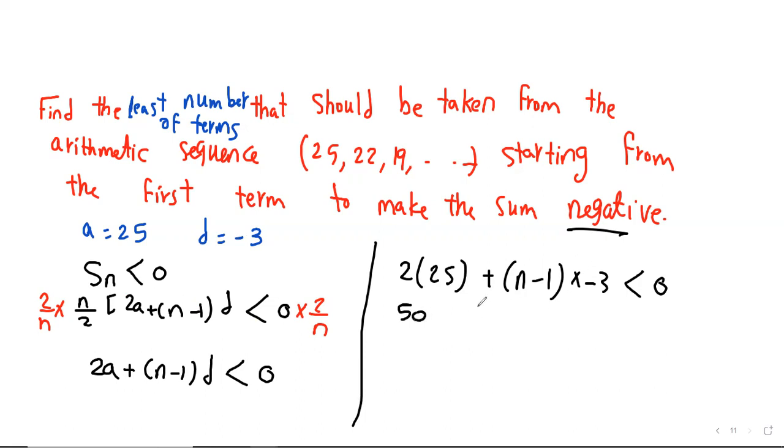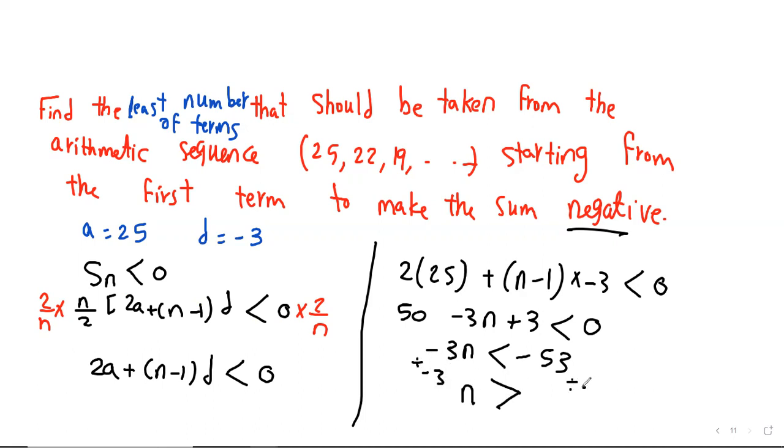So 50, and negative 3 multiplied by n is negative 3n, and negative 3 multiplied by negative 1 is 3, less than 0. So negative 3n is less than negative 53. Divided by negative 3, and it changes the direction of the inequality. So n is greater than 17 and 2/3. So what is the term which is greater than 17 and 2/3? It's the 18th term. So n in this case equals 18.